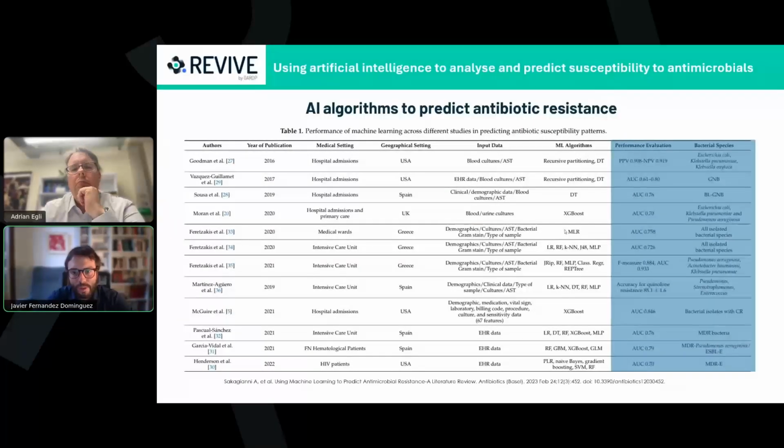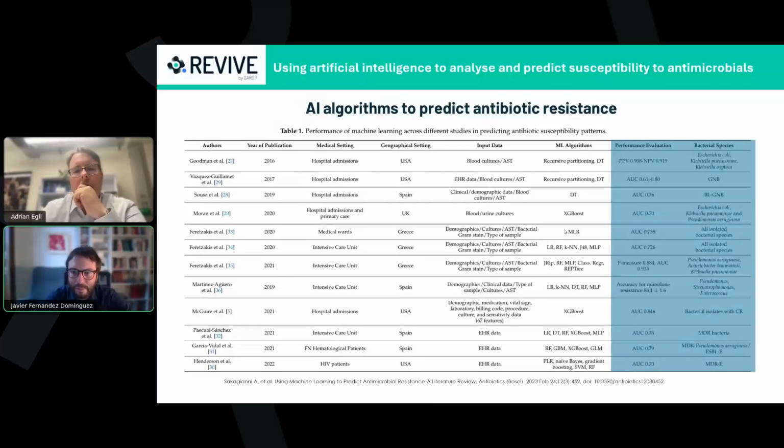Most of these works have been applied to specific microorganisms like E. coli and Klebsiella pneumoniae. They have been applied to predict if these microorganisms are going to be multi-drug resistant or not, for example, specifically in urinary tract infections or bloodstream infections.